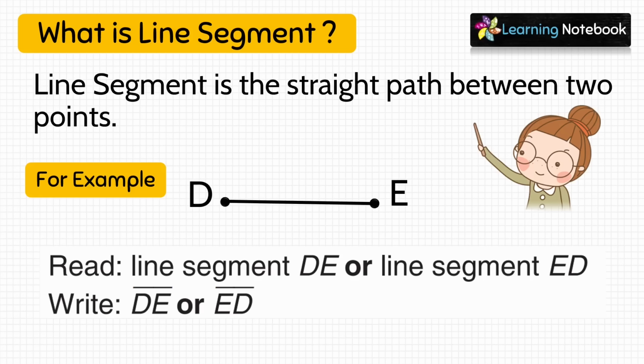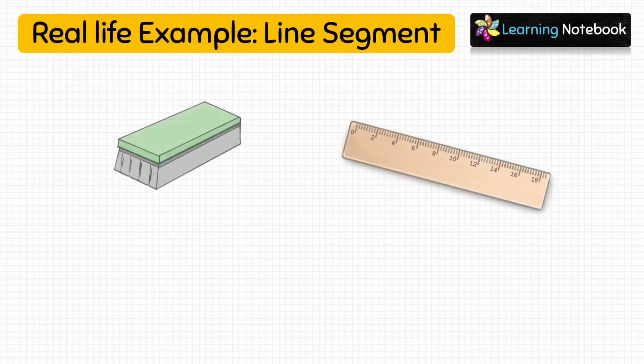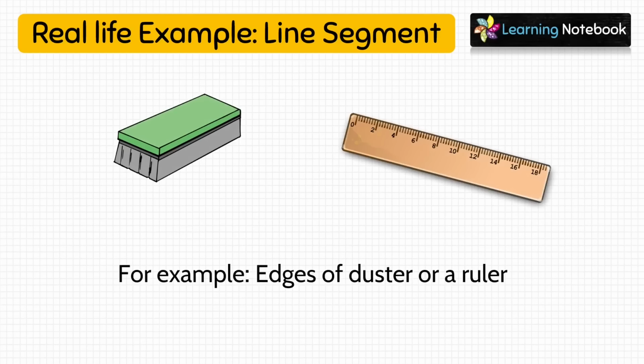Also students, do remember that a line segment has a definite length. Now, let's see some real life examples of line segment. Edges of duster or edges of a ruler. They are line segments because they have a definite length.